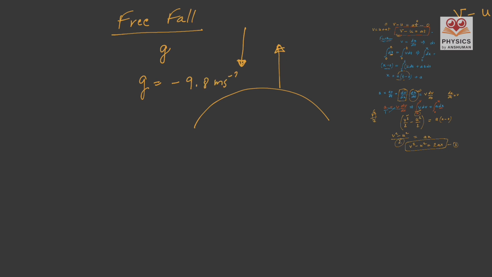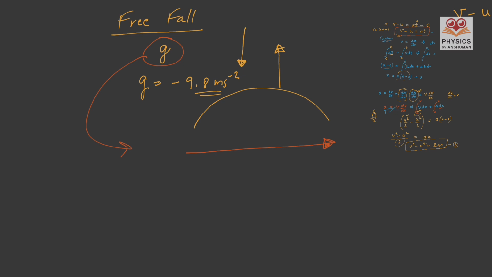meter per second square. It is the acceleration due to gravity, and the value of g only works on the vertical component of the motion. That means something going up or coming down. It doesn't affect the horizontal component, the x-axis.